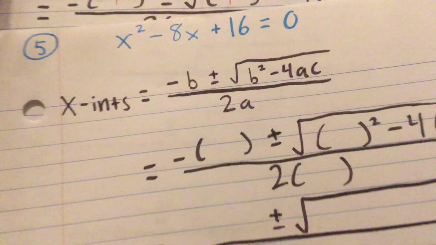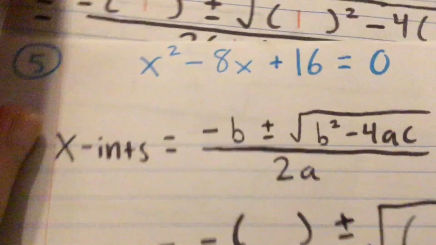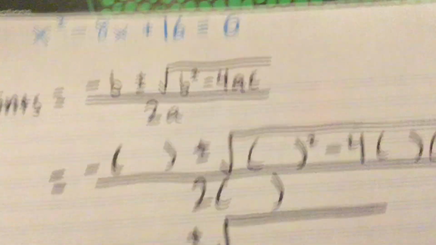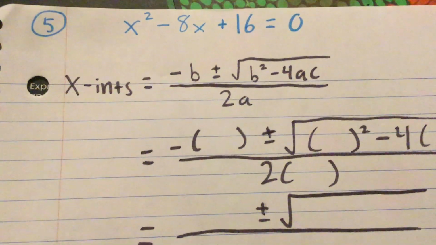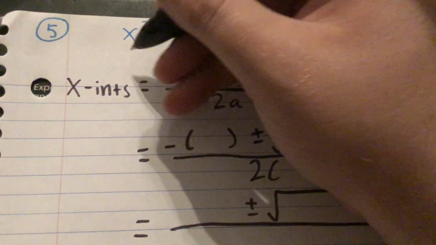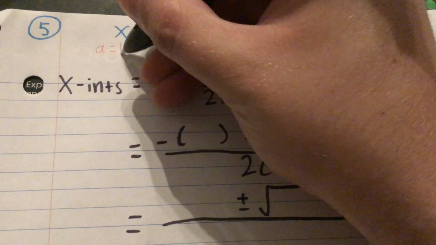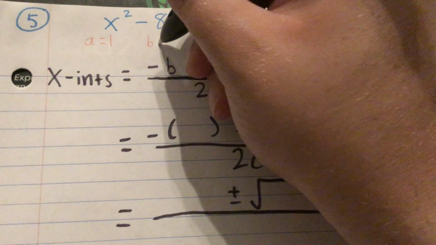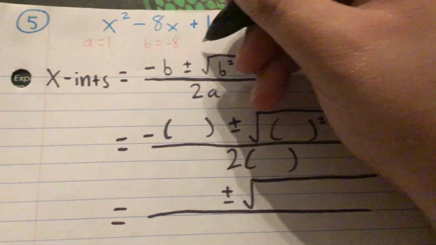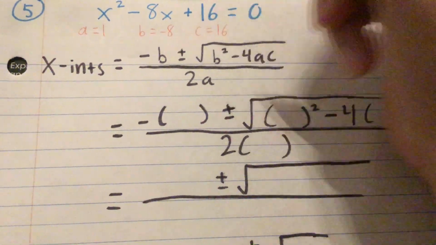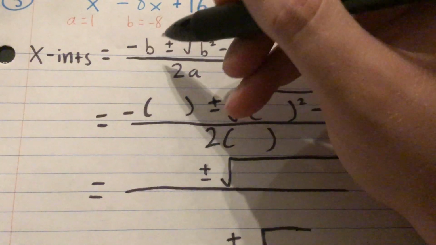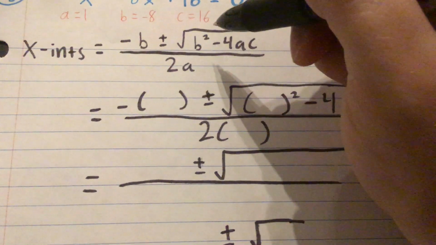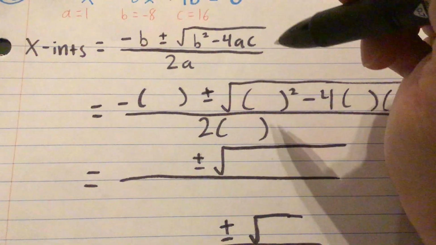Problem number 5. x squared minus 8x plus 16 is equal to 0. Let me just get the back page out of the way. x squared minus 8x plus 16 is equal to 0. This time, let a equal 1, b equal negative 8, and c equal positive 16. Now we're going to plug in negative b plus or minus the square root of b squared minus 4 times a times c.